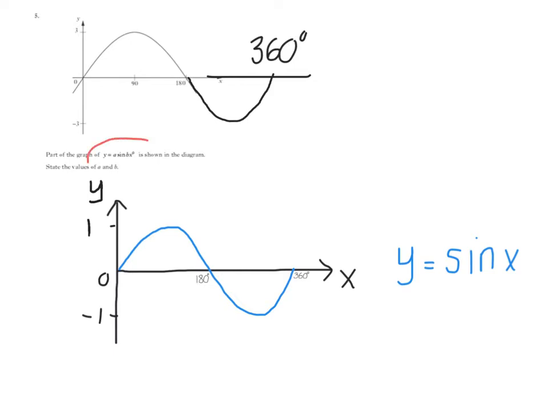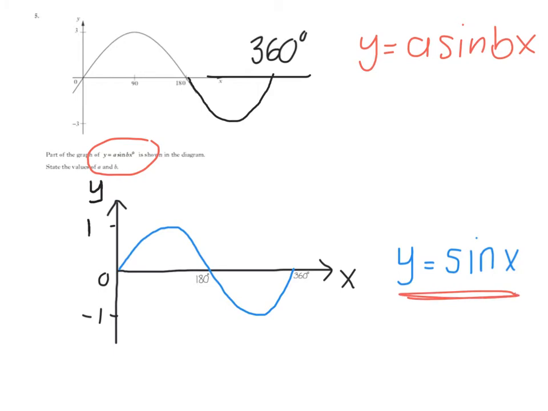Our graph is written with two unknowns, y equals a sine bx. Since the period of the graph is the same as the one for y equals sine x, our unknown b value is also the same, which is in fact 1. So we have y equals a sine 1x, which is just written sine x.